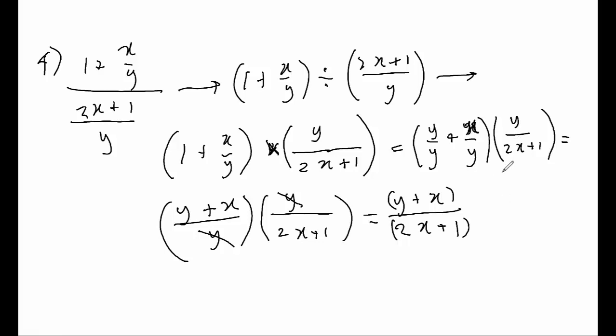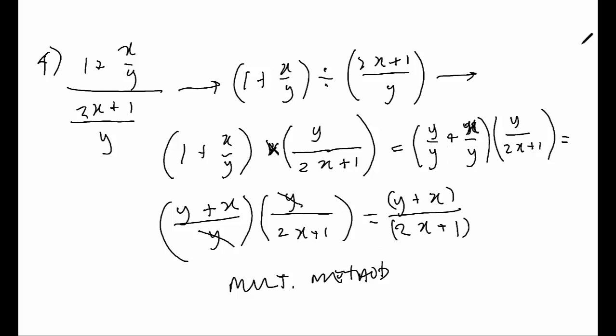So that's using what one would call the multiplication method. Now let's see what would happen if I use the lowest common denominator method, because that doesn't look that difficult either for this one.